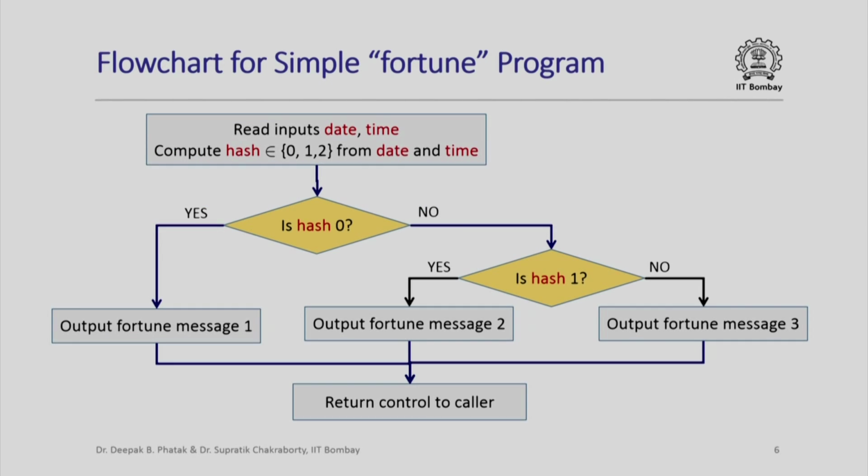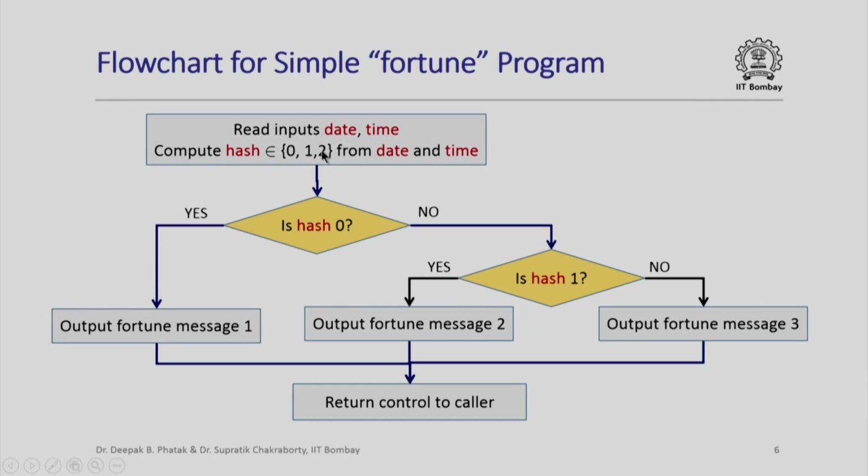Here is a simple flowchart that one can come up with for implementing a simple Fortune program. In this flowchart, we first read inputs date and time. Let us say we read these as integers. Then we compute hash, which is another integer, as a function of date and time, such that as we change date and time, the value of hash changes, but in any case the value of hash always stays within 0, 1, 2.